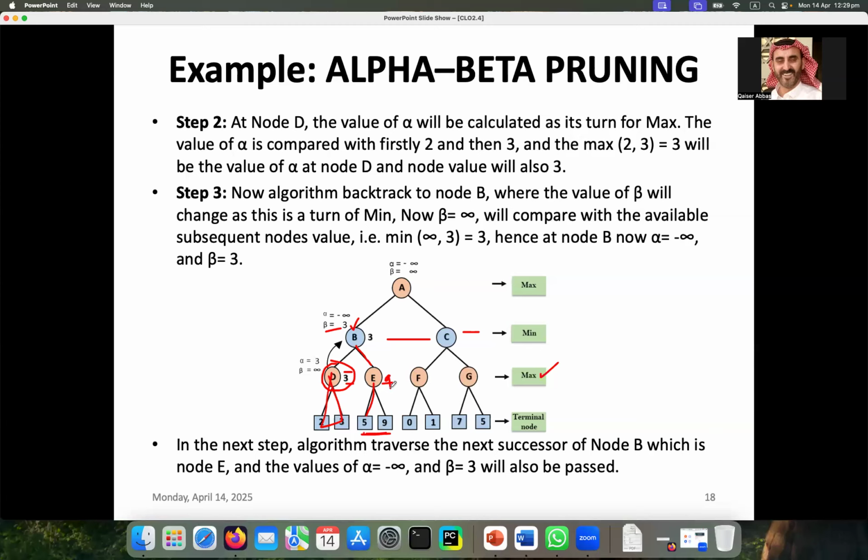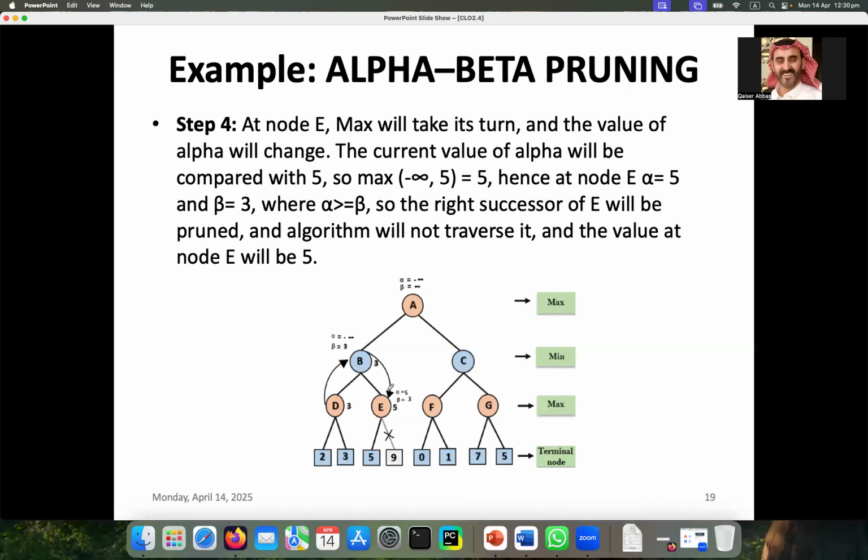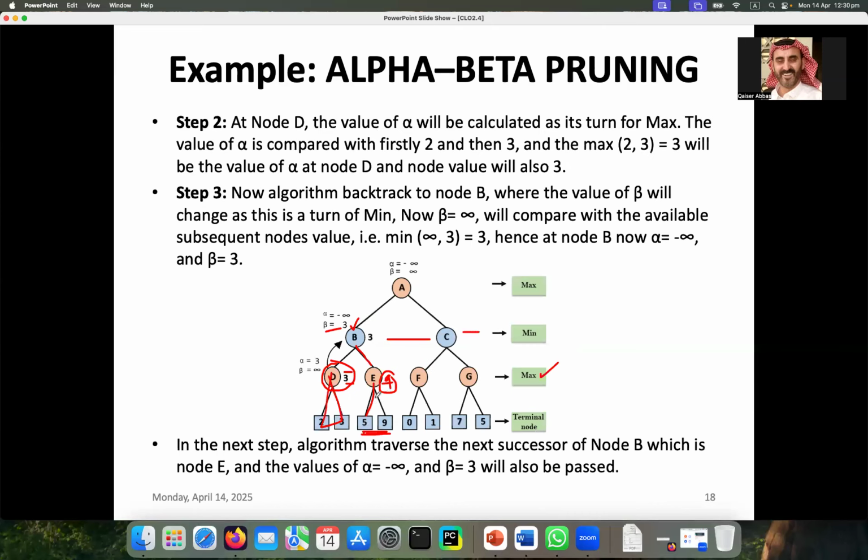But this min will not accept this 9, because min has 3. So the max will take 9 from here, but min will not accept it. Yes. Prune 9. 5 is greater than 3, so it will prune 9. Yes, after looking at 5, only then you can decide. Otherwise not. What you have to prune, okay?